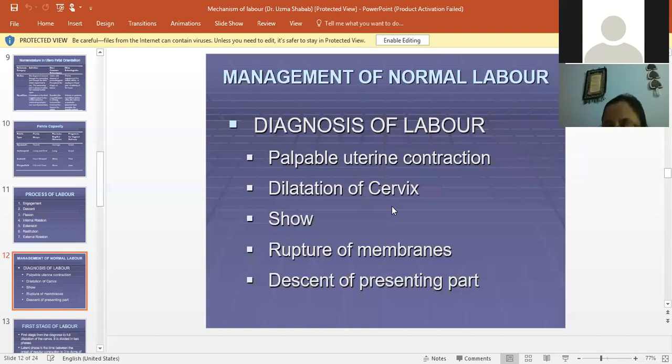This helps in assessing the dilatation of the cervix, length of the cervix, presentation of the fetal part, and the distance of the fetal part from the ischial spine. Labor is also diagnosed by the presence of show. What is show? It is a mucus plug along with blood, or sometimes the patient presents with rupture of the membrane.